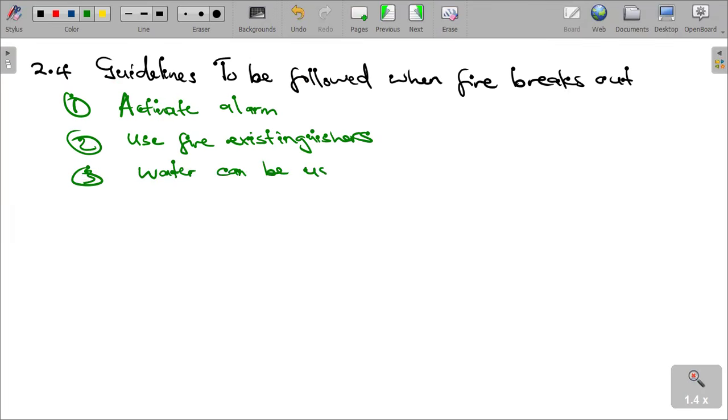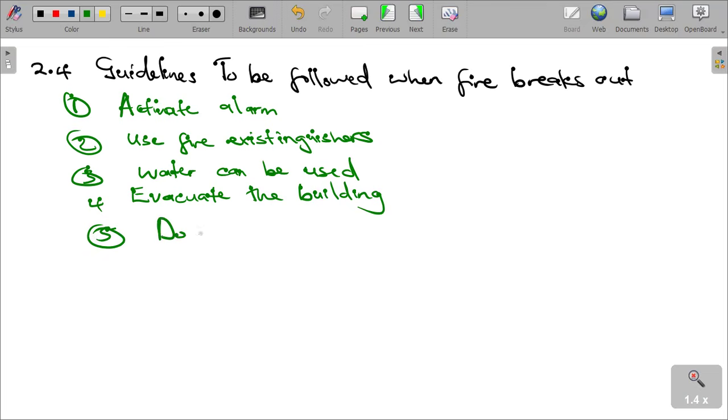You need to evacuate the building. 5. You're supposed to do a roll call, so that you know that everyone is safe or who is trapped.